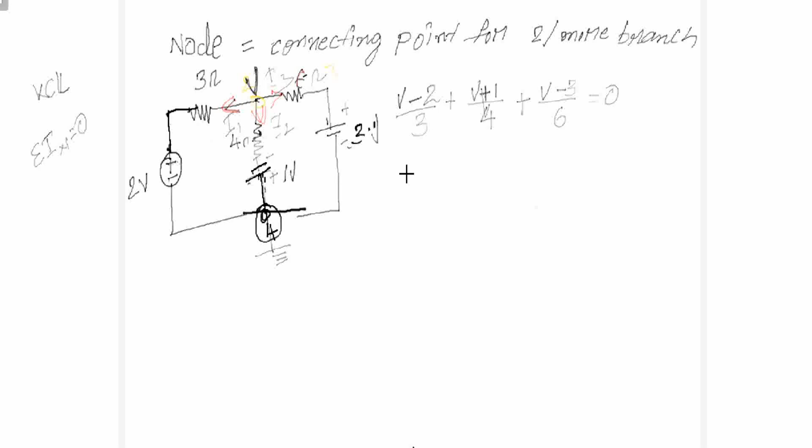So V minus 2 by 3 plus V plus 1 by 4 plus V minus 3 by 6, which is equal to 0.